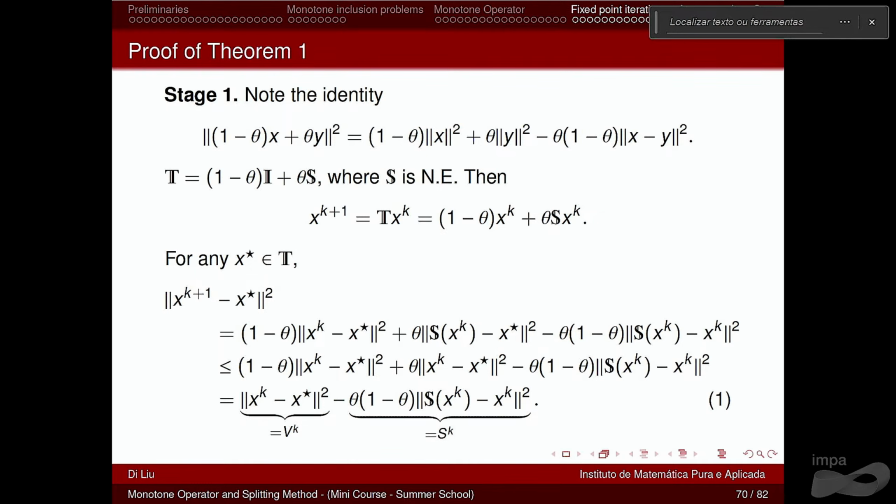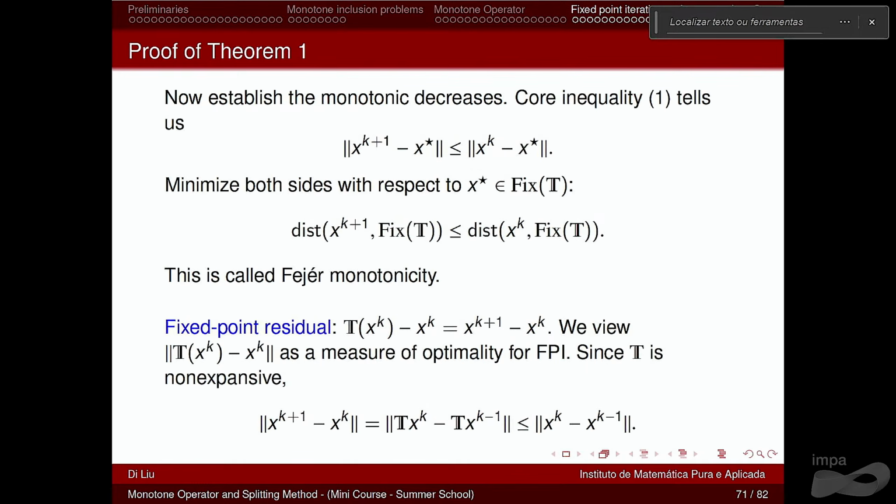This inequality 1 is the most important inequality in the analysis here. Since theta is greater than 0 and less than 1, this term is negative, so we get that the distance of x_{k+1} from x star is less than that of xk, which means the distance from xk to the fixed point x star will not increase.